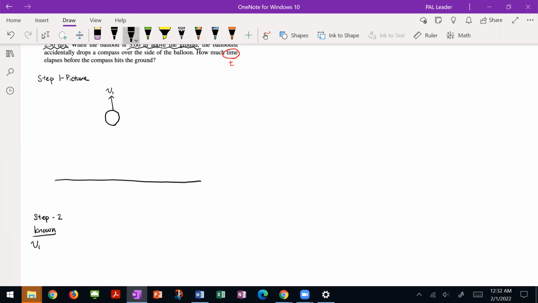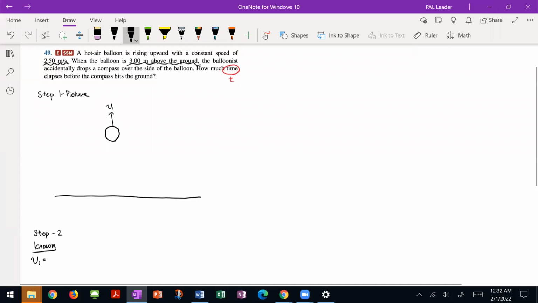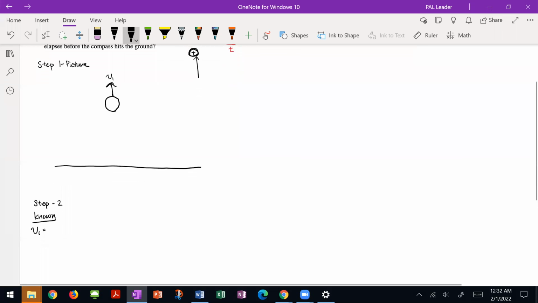V1 was... Now, before I write, I just want to emphasize that we know that it is going up, and we are told the speed, 2.5. I'm going to say that up is our positive direction. This is going to be really important in this problem. I want you guys to keep that in mind.